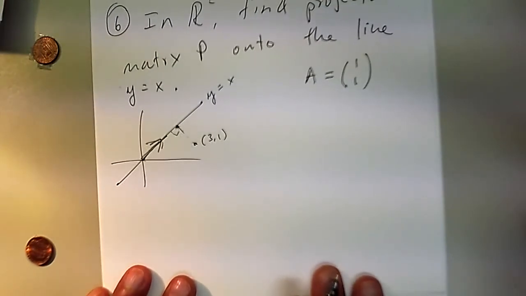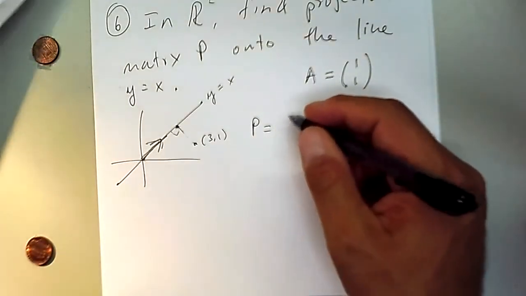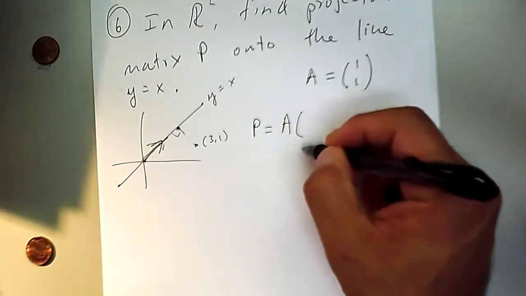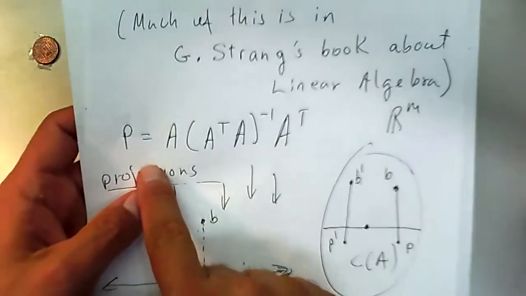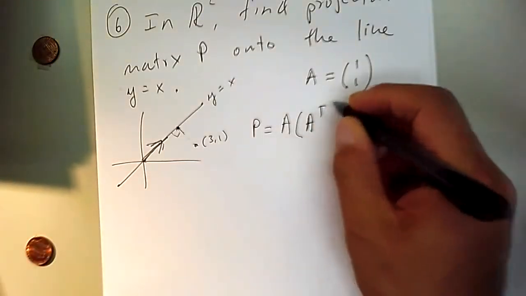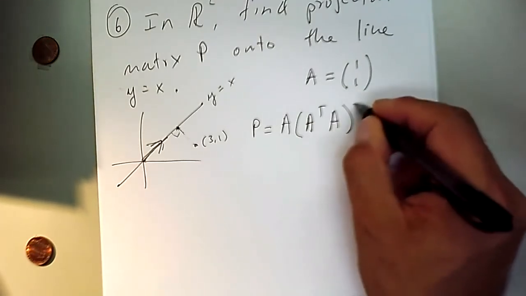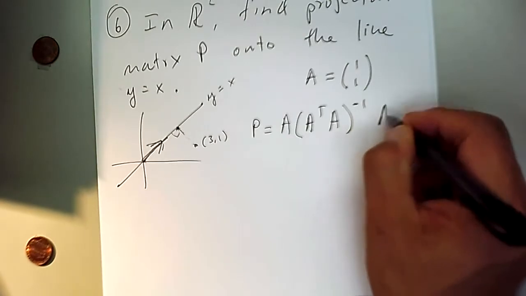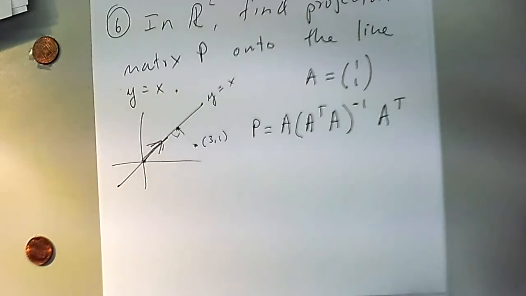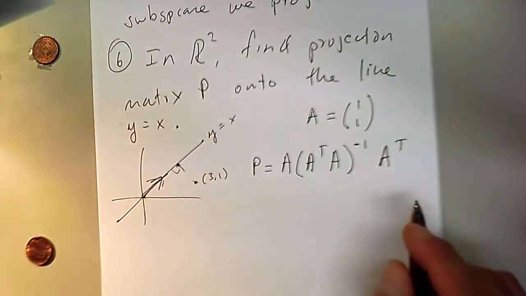Let's apply the formula. The formula for P calls for, let's see, the first page of today's video. It is here. P equals A, then the transpose of A times A, close parenthesis, inverse, and then the transpose of A. And I checked earlier all the dimensions, the size of the matrices should work.